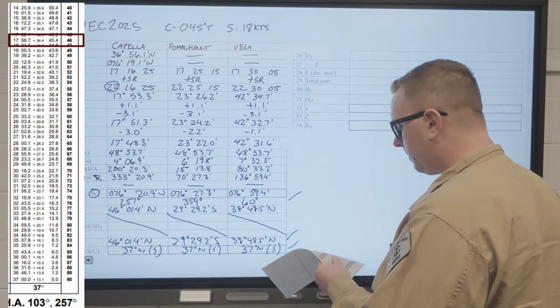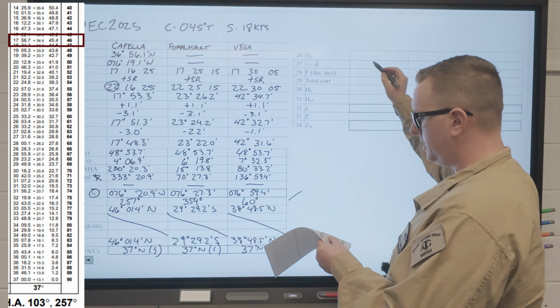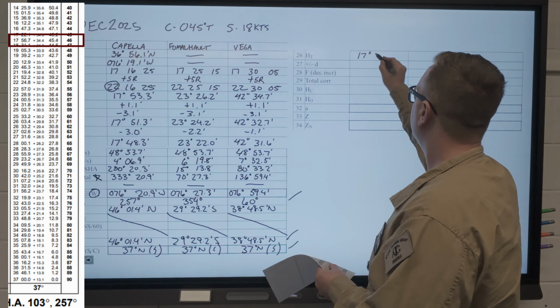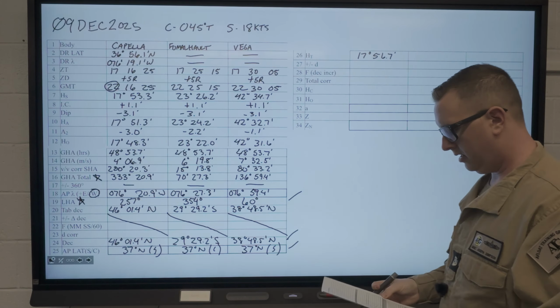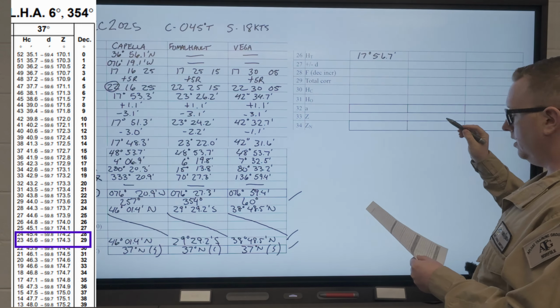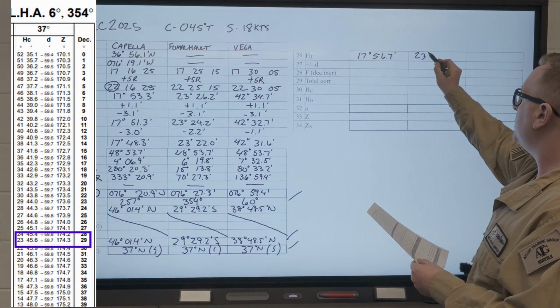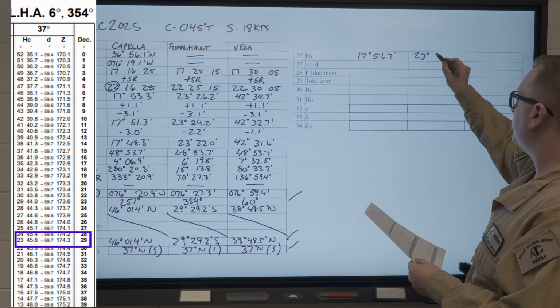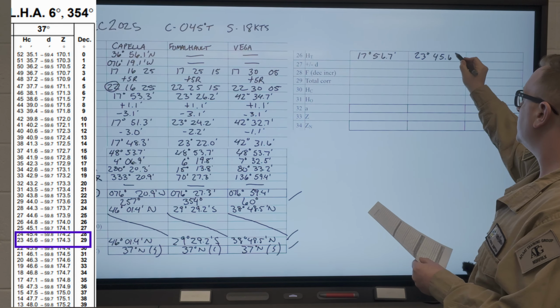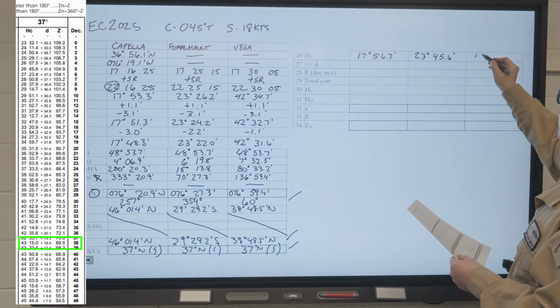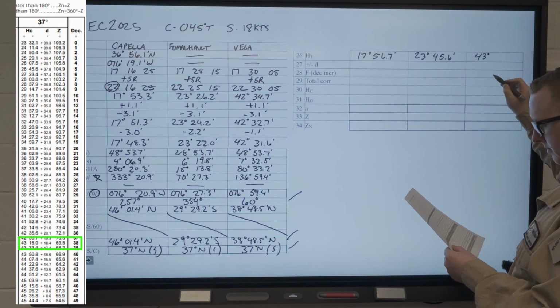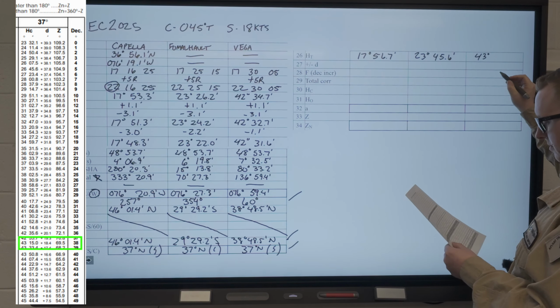HT for Capella was 17 degrees, 56.7. For Fomalhaut, 23 degrees, 45.6. And last, Vega, 43, 15 even.